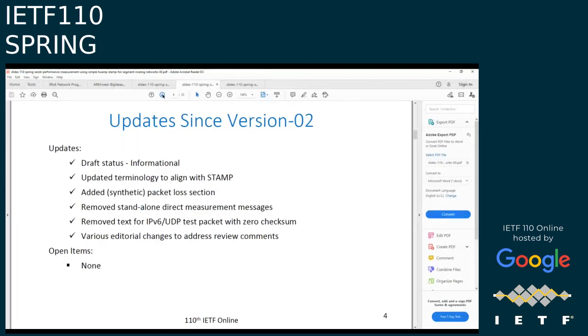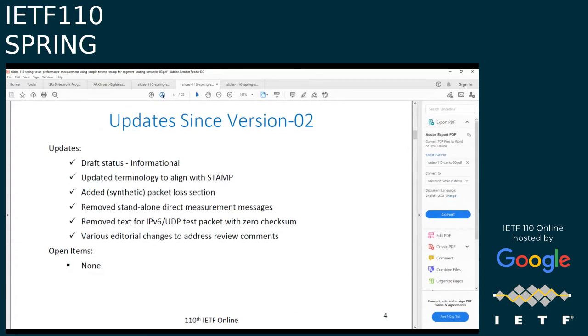So we had the working group adoption poll, and we received a number of review comments. Many thanks to everyone who provided comments. So we have a new version with the following updates. The draft status is informational. The terminology is updated to align with STAMP terminology.